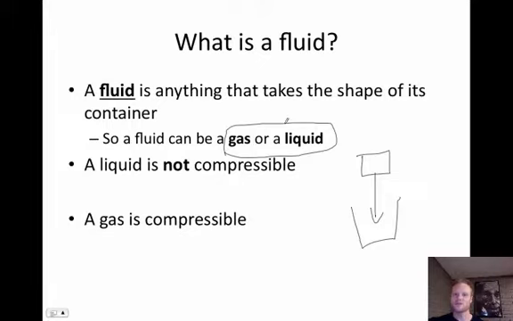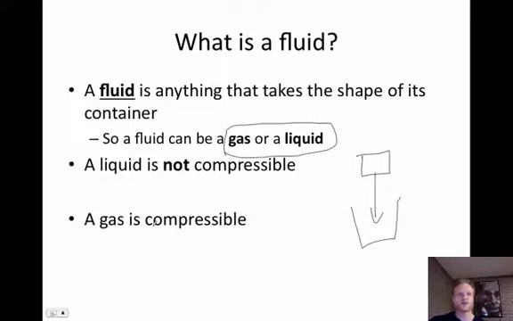If you take a syringe and fill it with water, and you try to squeeze the water with your fingers, the water doesn't budge an inch. A lot of hydraulic lifts use fluid in these joints, and the fluid is the thing that's going to push up cars at car repair shops. So a liquid is not compressible, meaning it can't be squished any smaller, whereas a gas is.